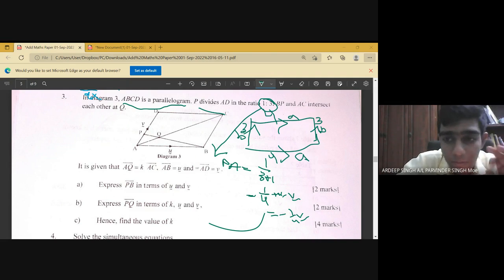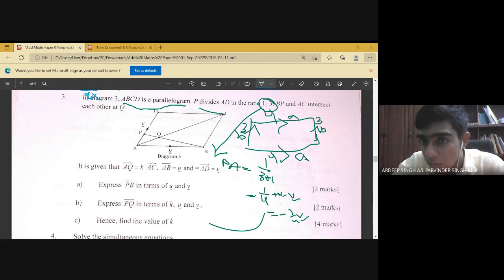So what I got was AP, so I negative the 1/4 V. So you get PA equals negative 1/4 V. After that, to get PQ, I take PA plus AB, you get negative 1/4 V plus U, PB.